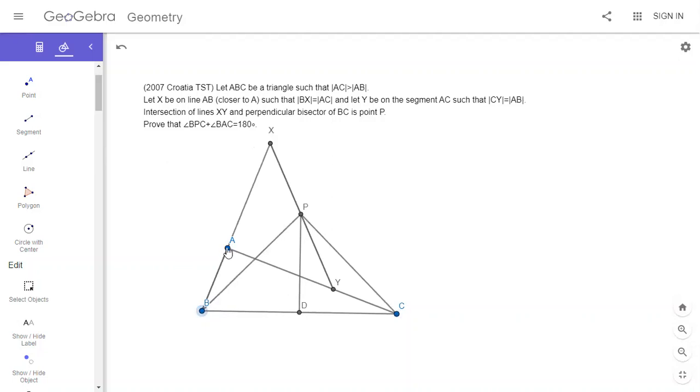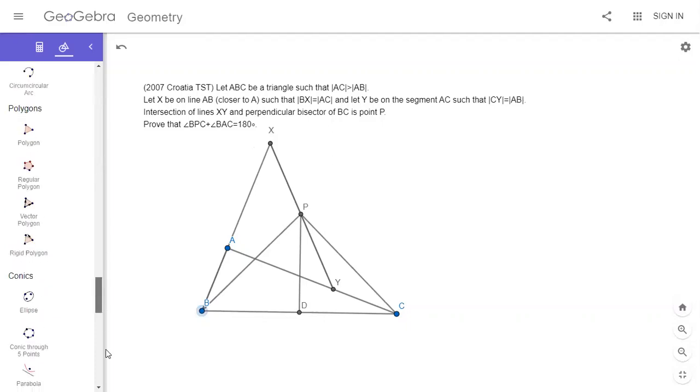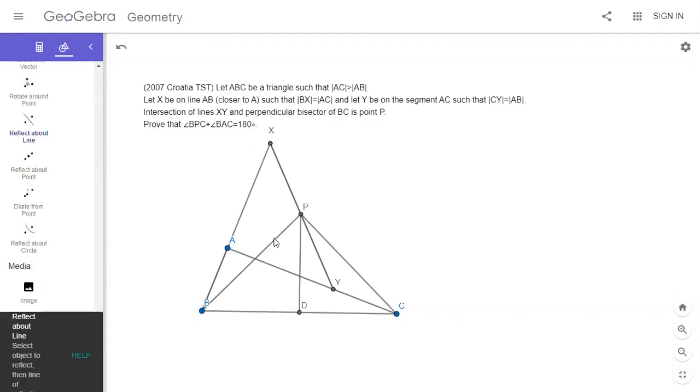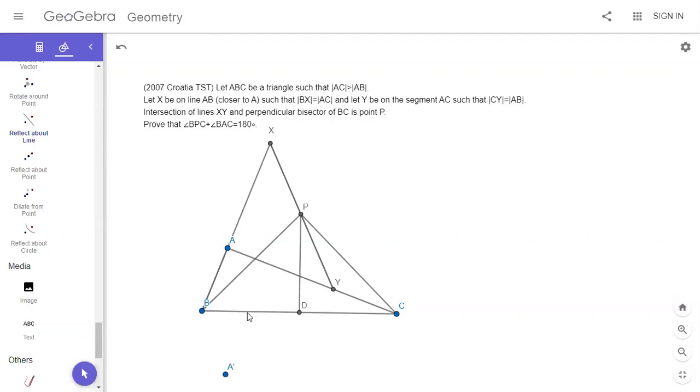Or I wonder if we could reflect A, and that might be easier because then we'd have a parallelogram. I'm going to reflect point A instead. And if that doesn't get us too far, I'll reflect point P. But the reason why I like reflecting A is because, oh, P might, let me see. So AB is, oh no, it's not what I thought. But no, what I'll do is reflect A across point D so that we have a parallelogram.